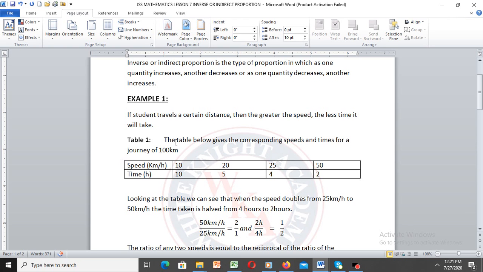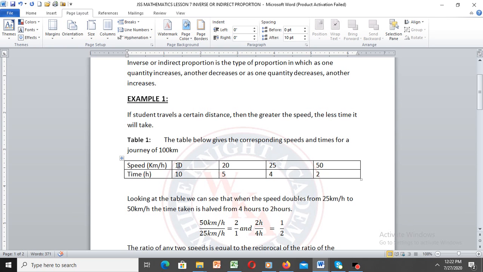will reduce. So from table 1, the table below gives the corresponding speed and time for a journey of 100 kilometers. The distance is 100 kilometers. The two variables we should consider are the speed and the time.